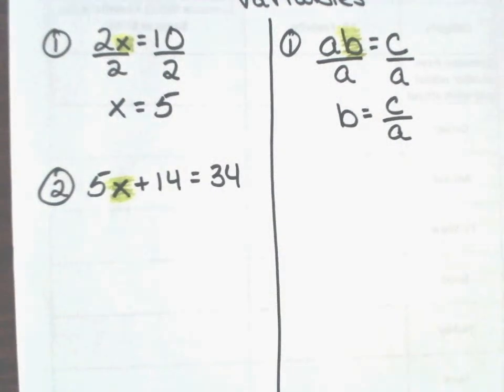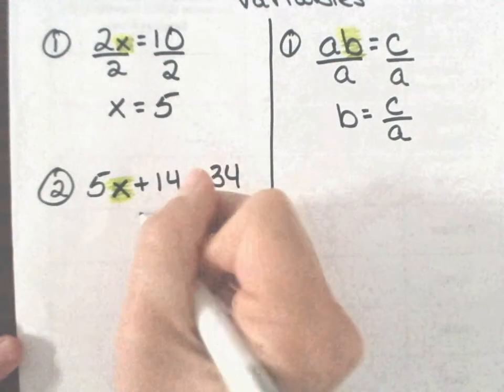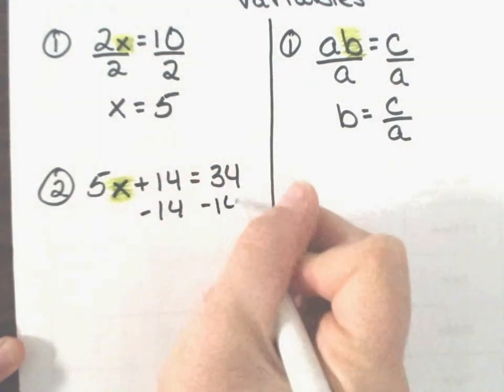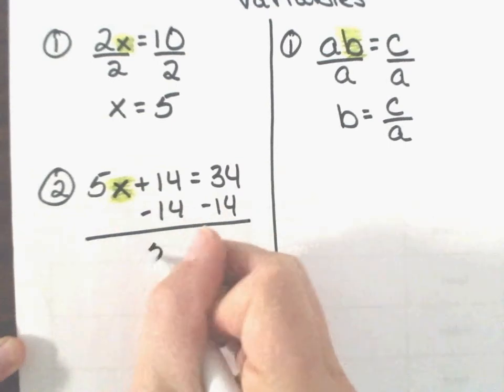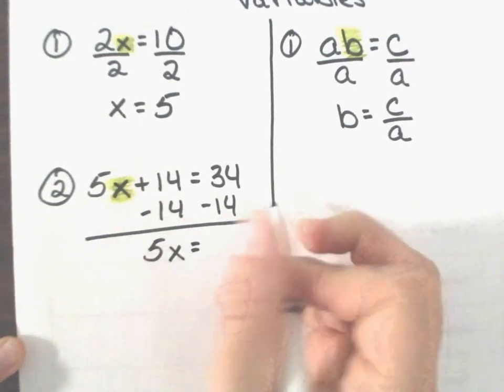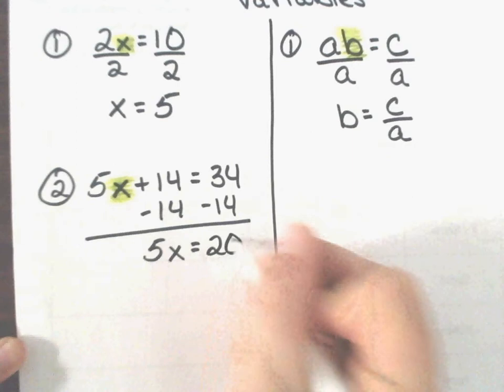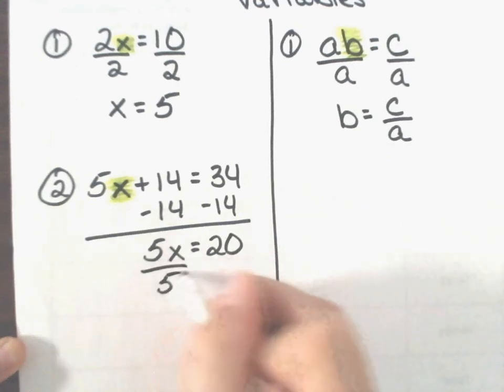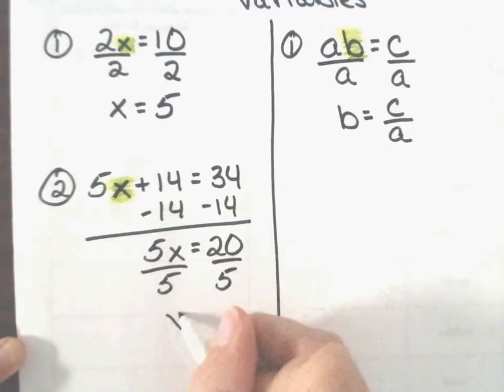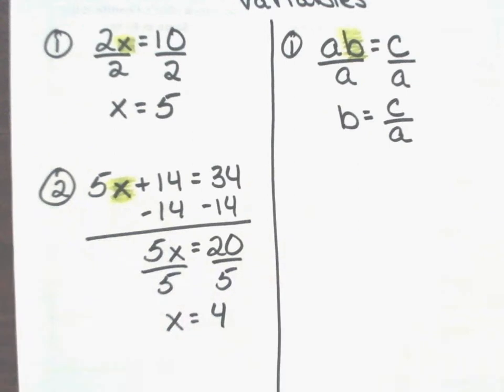Okay, somebody tell me how to solve this. Subtract 14 on both sides. So 34 minus 14 is 20. Divide by 5.